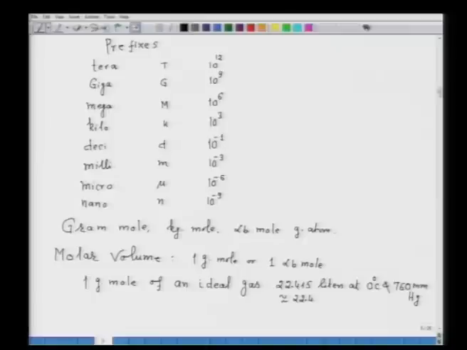Now, similarly, if you want to express at 25 degree Celsius, 1 gram mole of an ideal gas is equal to 24.467 liters.